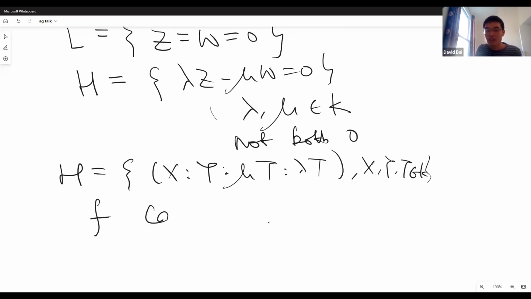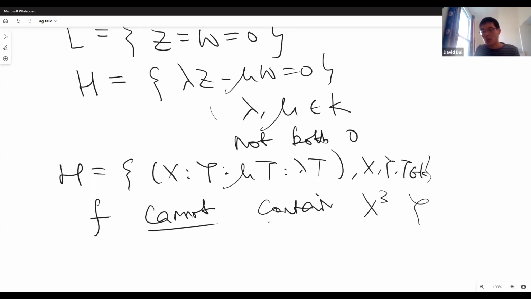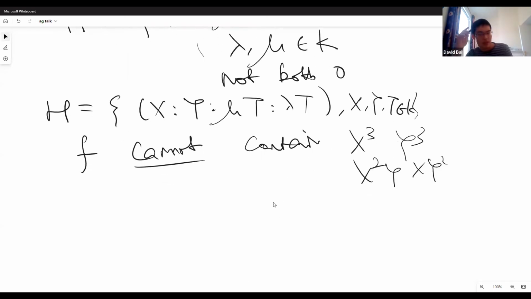So F cannot contain terms like x cubed, because this will contain this line. It also cannot be like y cubed or x squared y or x y squared. Everything must contain either Z or W. Now, if everything contains either Z or W, then the combined degree of x and y in every monomial cannot exceed 2.